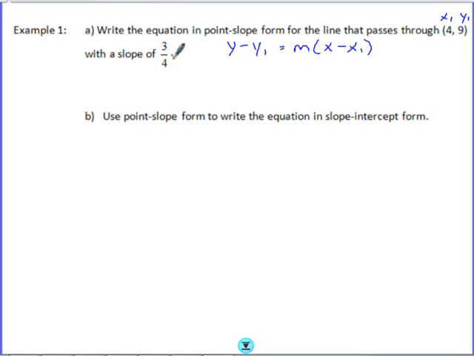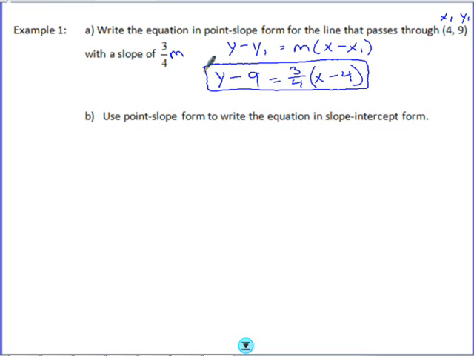The slope is going to be m. So I'm going to fill it in as y minus 9, since y1 is 9. So y minus 9 is equal to 3/4 times x minus 4, because x1 is the 4 from the ordered pair. So there's the equation in point-slope form: y minus 9 equals 3/4 times (x minus 4).